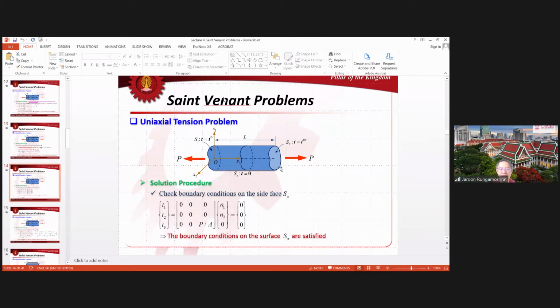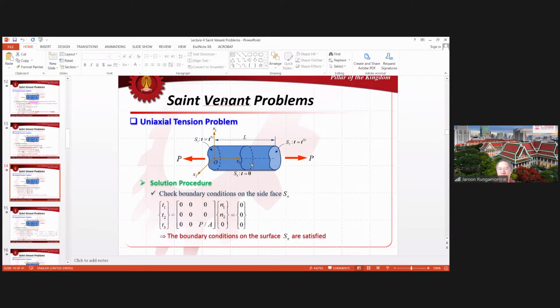I checked the boundary condition at the side face already, right? Last time, because the body here is a cylindrical body, the unit normal vector on the side face is simply n1, n2, 0. And n1 and n2 can be any arbitrary numbers here, because the cross section is arbitrary, right?